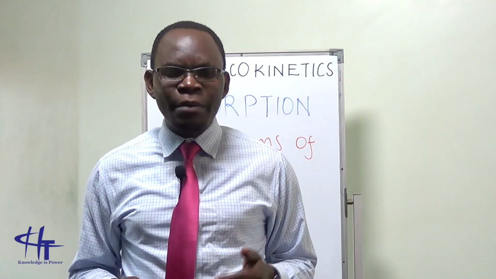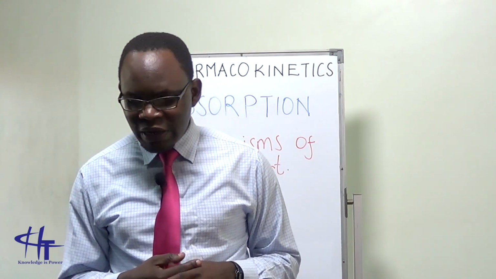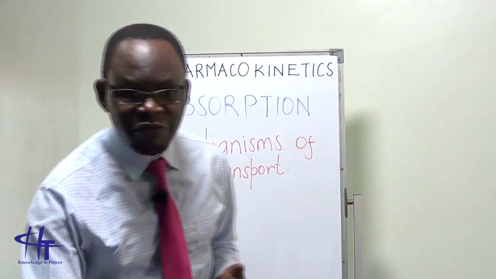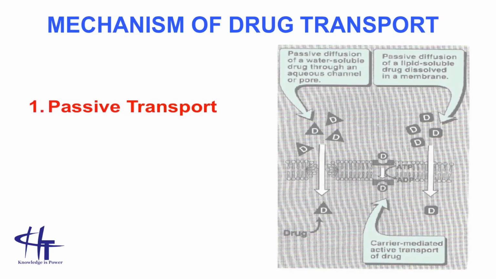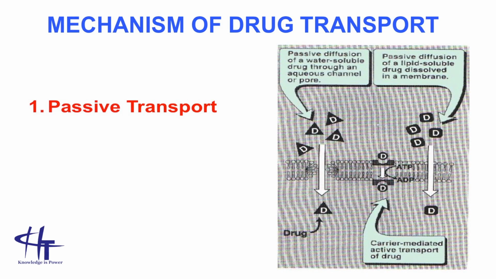Now, under mechanisms of drug transport, they are basically divided into two. We have what we call the passive transport mechanisms, and then we also have what we call the special transport mechanisms. And of course, under the passive, you know very well what the word passive means.